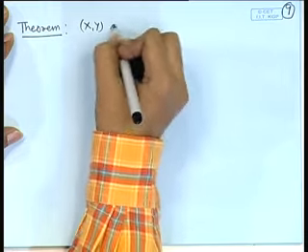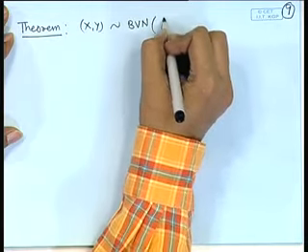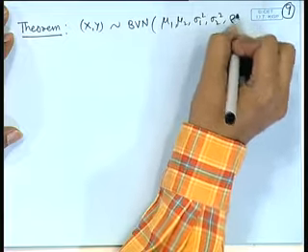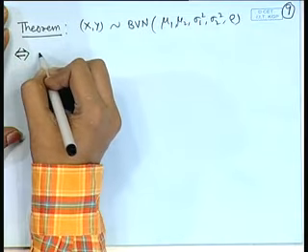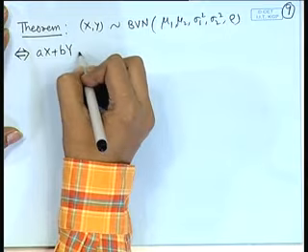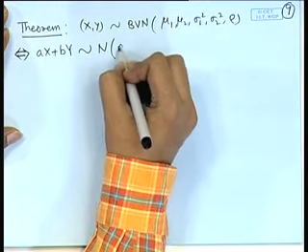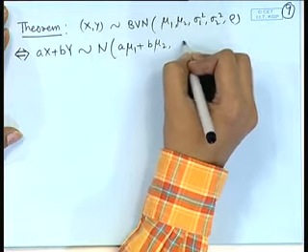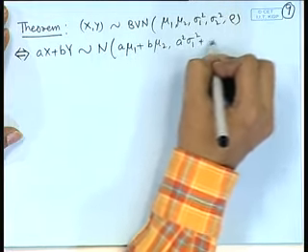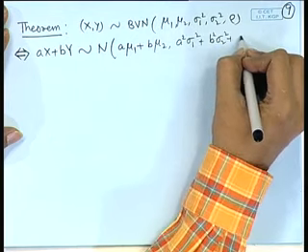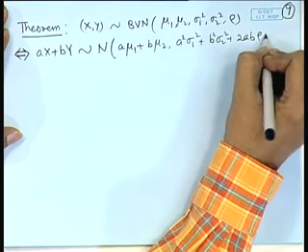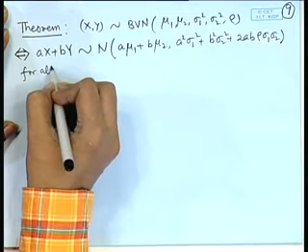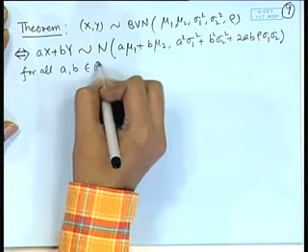X, Y follow a bivariate normal distribution with parameters mu 1, mu 2, sigma 1 square, sigma 2 square, rho if and only if aX plus bY follows a univariate normal distribution with parameters a mu 1 plus b mu 2, a square sigma 1 square plus b square sigma 2 square plus twice a b rho sigma 1 sigma 2, for all a, b real.